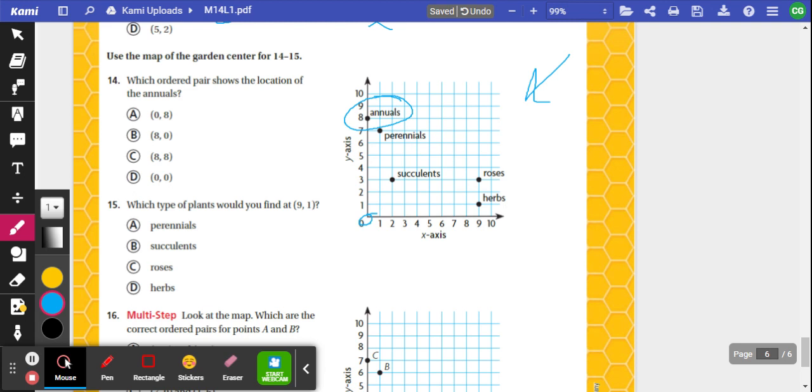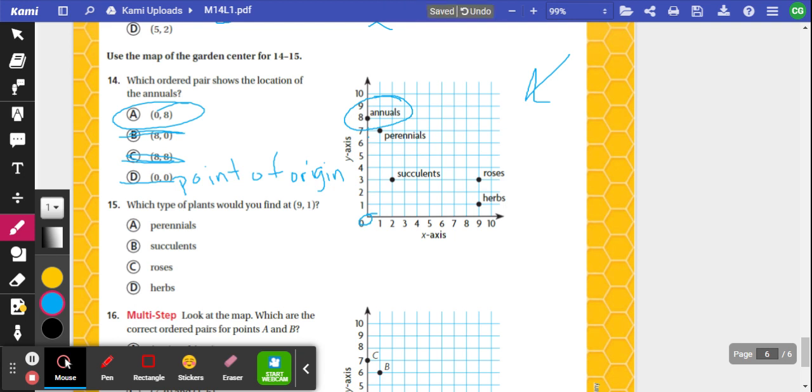Because we didn't move to the right, we just went straight up. Well, I know it can't be 0, 0 because this is the point of origin. Well, it's on 8, so the obvious answer is 0, 8.